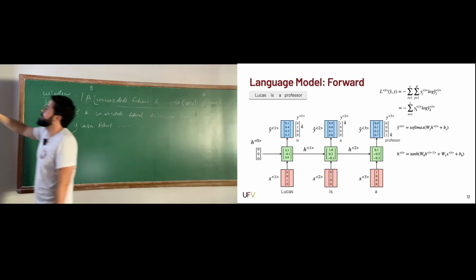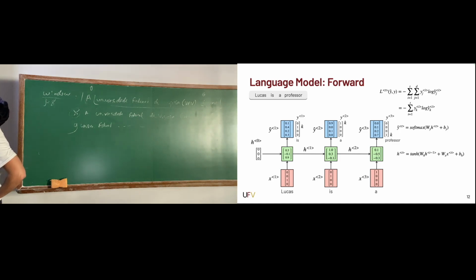If I'm summing here, what I had before was this number times the log of this number. But because this is 0, the whole multiplication is 0. This times the log of this is 0. This times the log of this is 0. So there is only one value in the one-hot encoding which is 1, and I'm denoting that k.